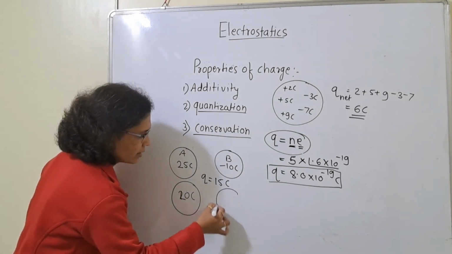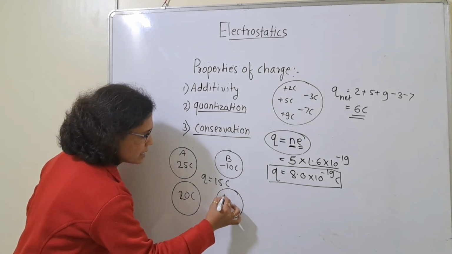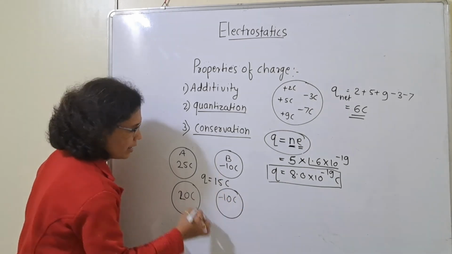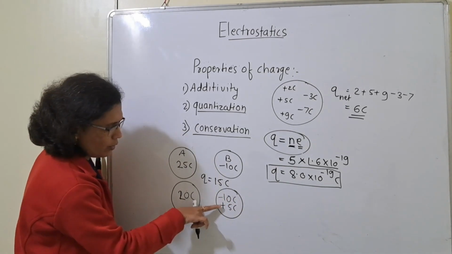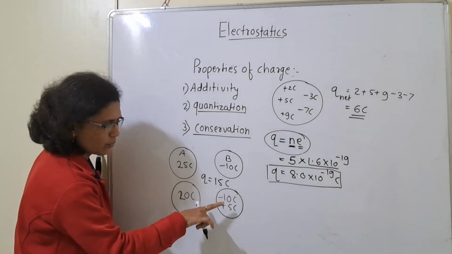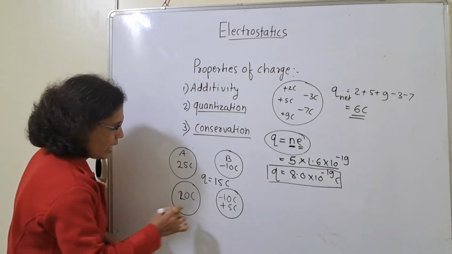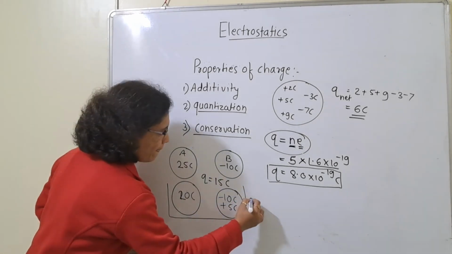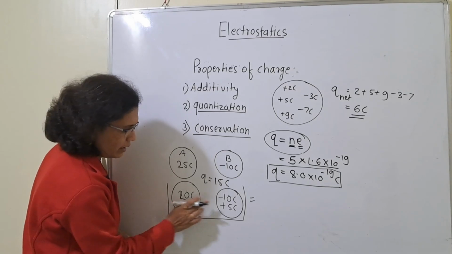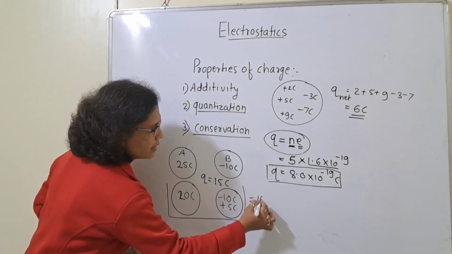And here, what will be there? Minus 10 coulomb already here, plus 5 coulomb from A body. Net will be minus 10 plus 5, that will be minus 5. And what will be the charge of this system? That will be plus 20 minus 5, means 15 coulomb.